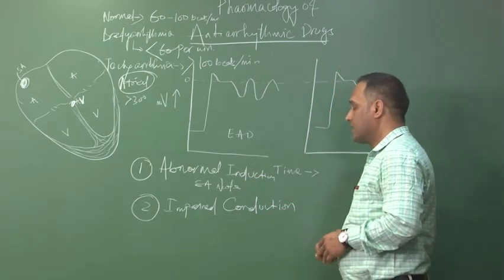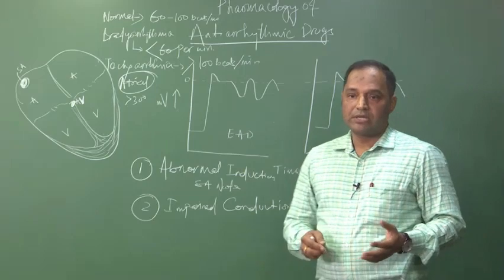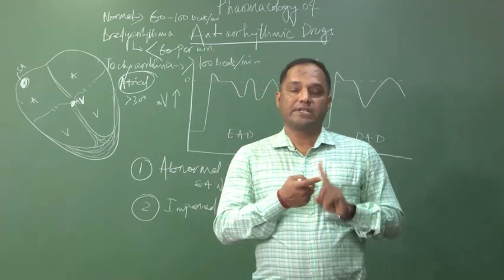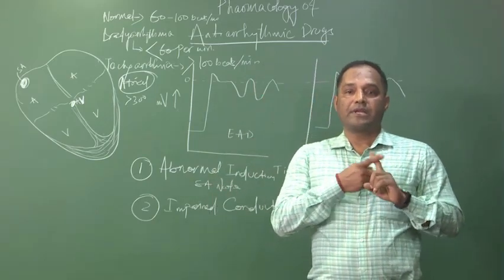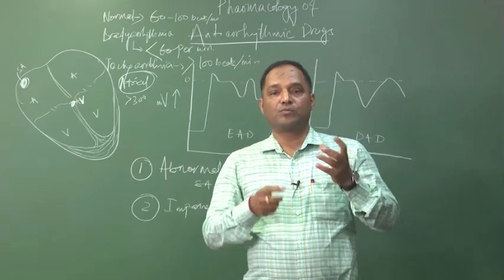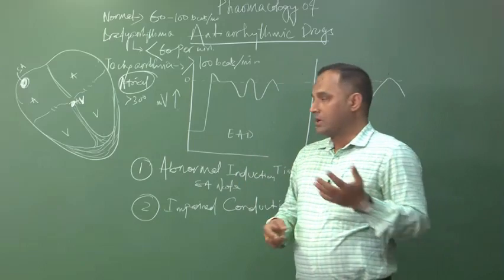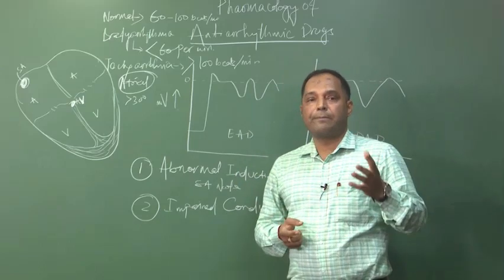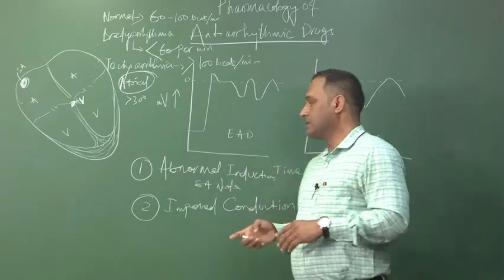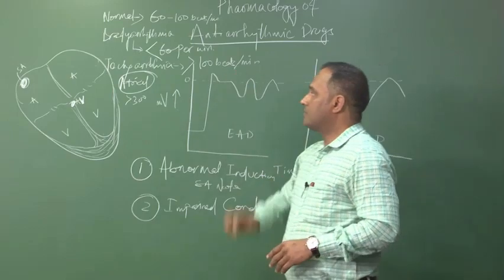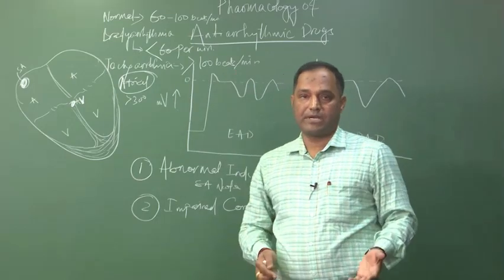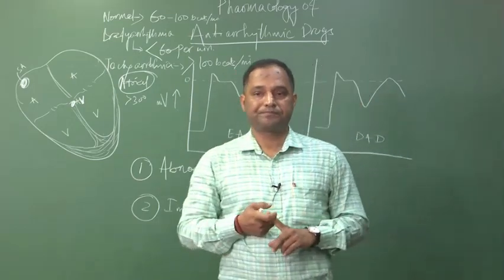The second one is impaired conduction of impulse. After impulse generation, the AV node has the role to propagate it throughout the Purkinje fibers, and when it gets impaired, it results in bradycardia or tachycardia.